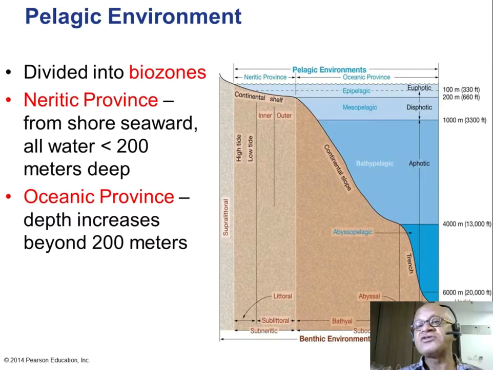So below the euphotic zone you have the dysphotic zone going down to about 1,000 meters approximately. It depends on, again, how clear the water is. There are water quality parameters, water quality type 1, type 2, and so on and so forth. Depends on whether you're in the coast and a lot of organic matter is coming in, etc. Then below that you have basically no light, so it's called aphotic.